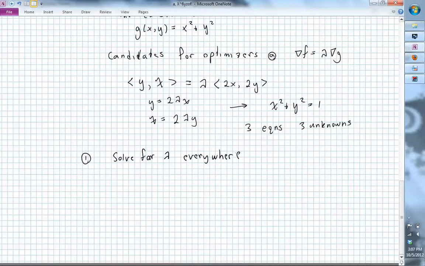So for example, we might have lambda equal y over 2x and lambda equal x over 2y. And we might be a little bit concerned about x being 0 or y being 0, but we can rationalize that away. How? You're not going to maximize the product using 0, right? So we don't have to worry about that.